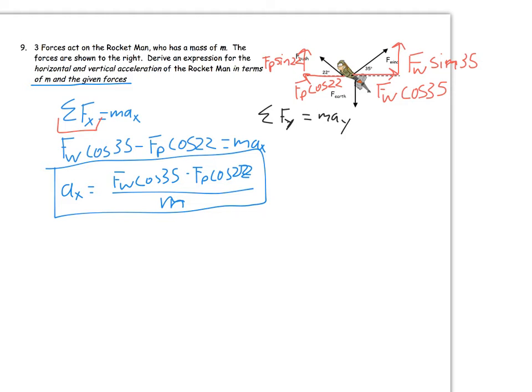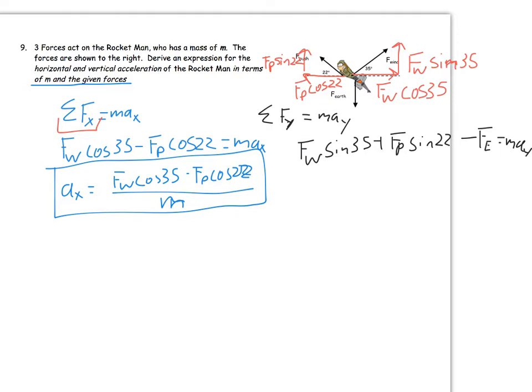Moving on to my y, the forces I have in the y direction: I have F wind sine 35, I have F push sine 22, and I have the force of the earth. And that's going to be equal to m times my y acceleration. Okay.